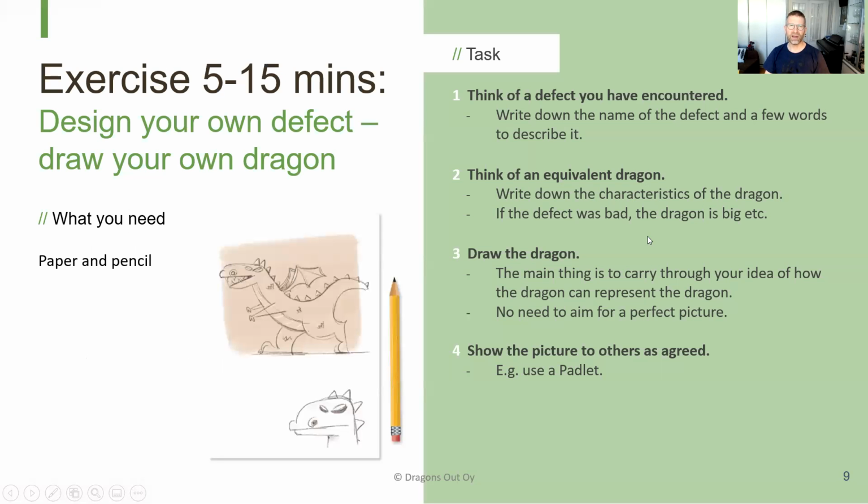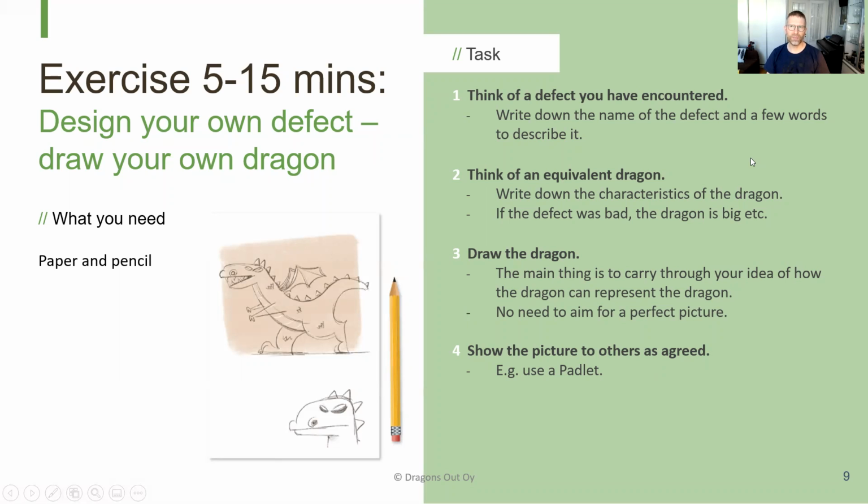Now there's a chance to do some drawing of your own. Let's think about defects. Any defect that you have encountered, write down the name of the defect, maybe some words that describe it. It could be a typo on a website that you have found.